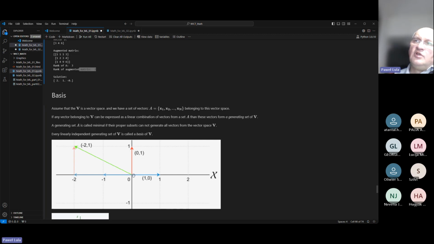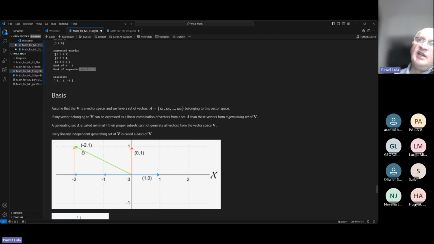What should I do? First, I should multiply this vector, this blue one, by -2. When I multiply it by -2, I will get a vector starting in the 0, 0 point, and which ends here in the -2, 0 point, this vector. And after it, I can add this vector which was generated and this red vector.